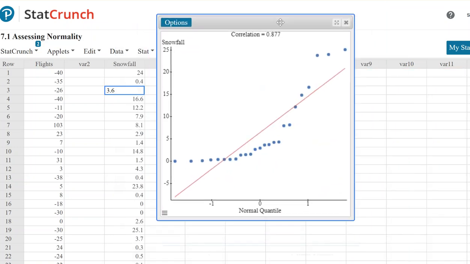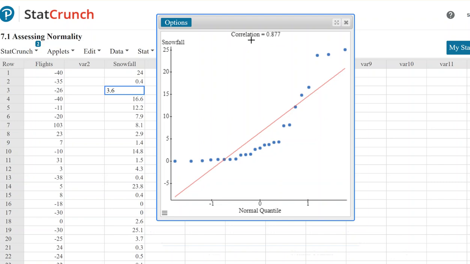And you'll notice that just by looking at the QQ plot, I can see that these blue dots don't lie anywhere close to that red line, so I'm making the assumption just based on that that it's not normal. But we can also make that conclusion based on this correlation statistic that we had added to the graph.